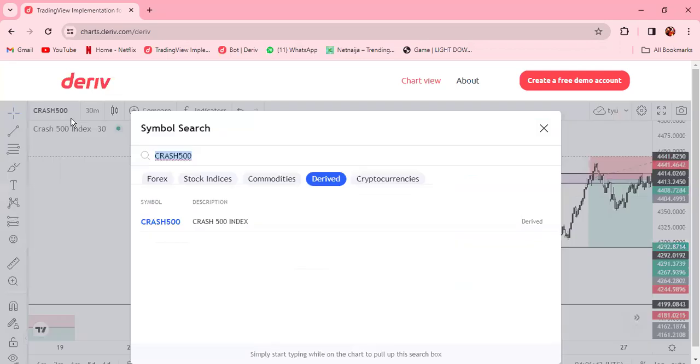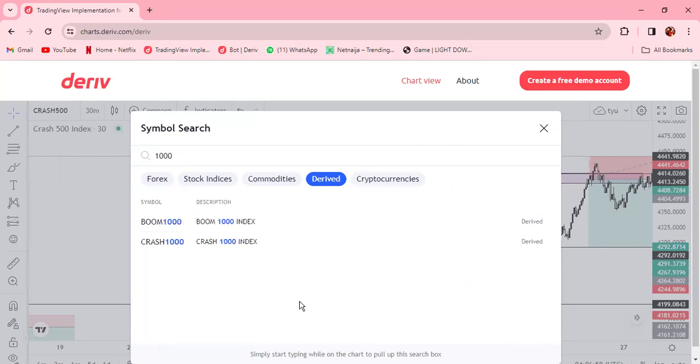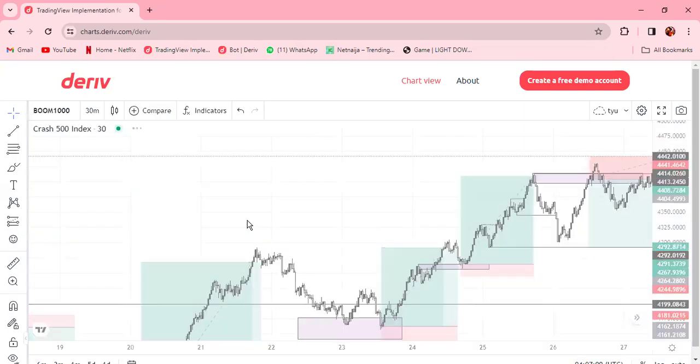So today we are going for Boom 1000 on the hourly time frame.